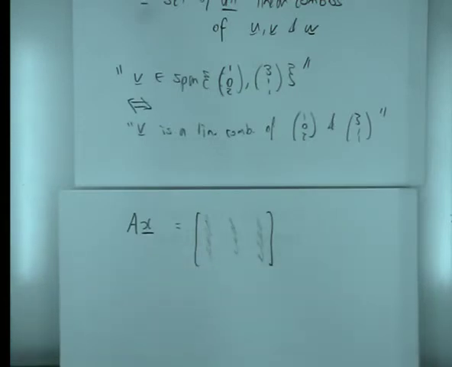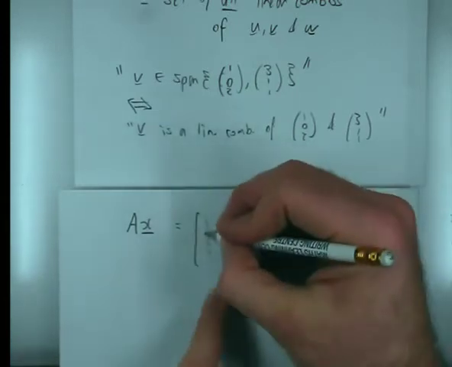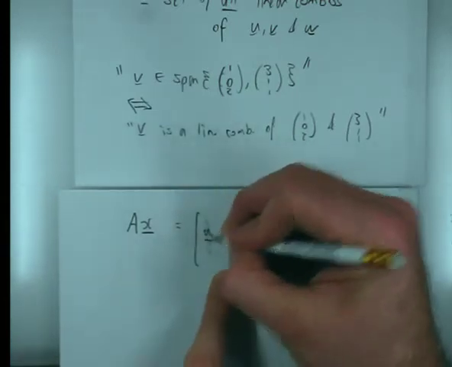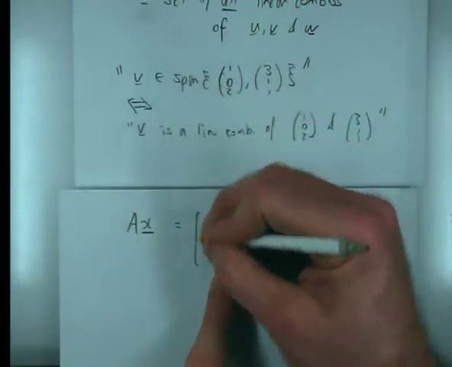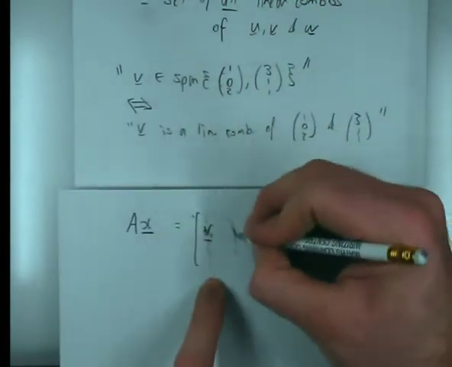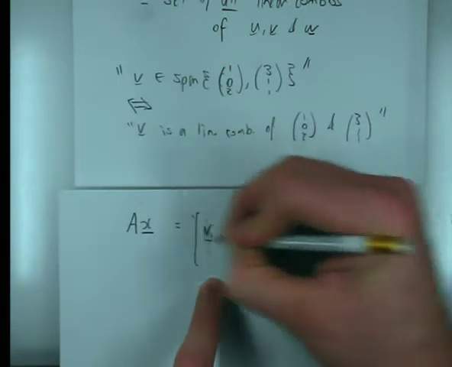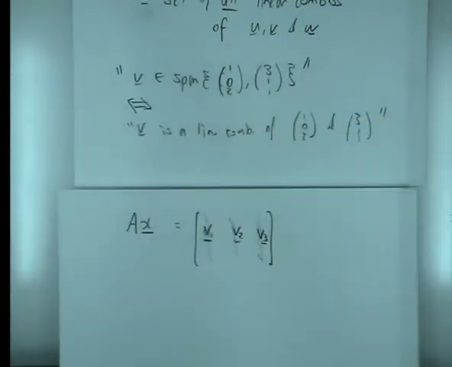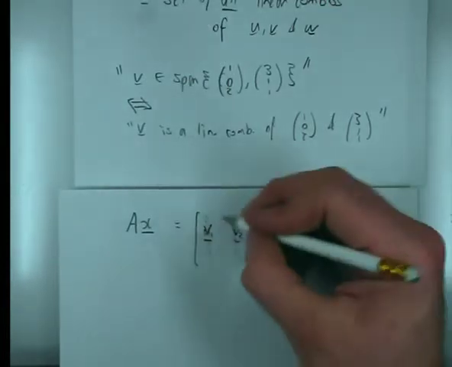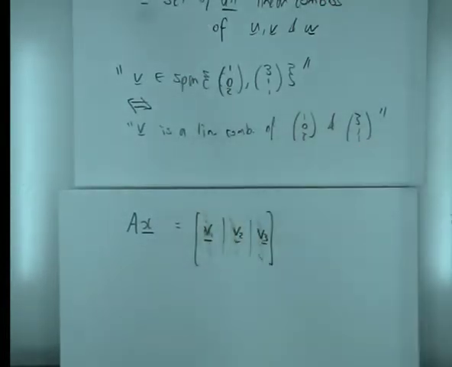Or 4 or 5 or however many it has, but I'll do 3. And I'll call them V1, V2, V3, because they're vectors. As I said, you can think of your matrix as being made of 3 vectors. And X, well, that would be X, Y, Z.